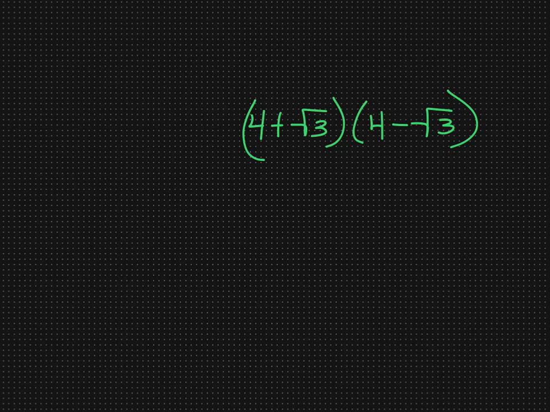Now, do you see that 4 plus the square root of 3 and 4 minus the square root of 3, we talked about binomials like those earlier in the semester, and we called them conjugates. Remember, conjugates are binomials that are alike, except for the middle sign. One's positive, one's negative.